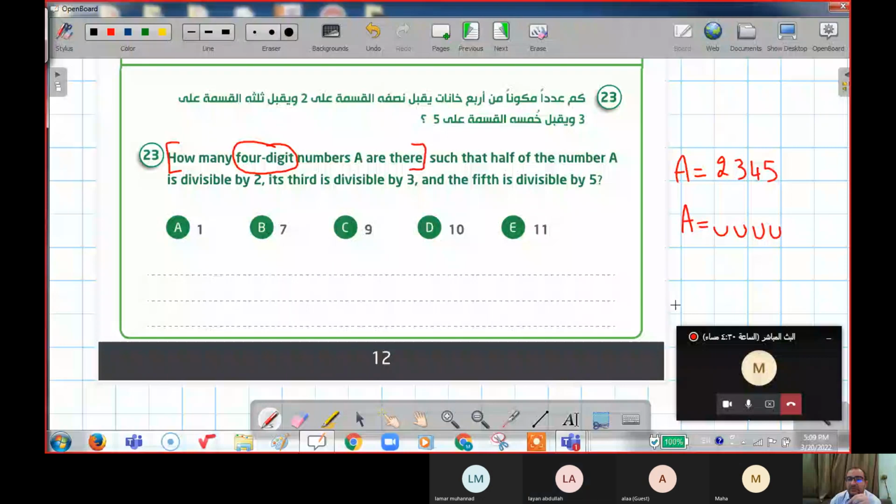Excellent. Choose another number, ya Maha. 8. 8 divided by 2 is equal to what? 4. Okay. Why do I say divided by 2 in the two examples?